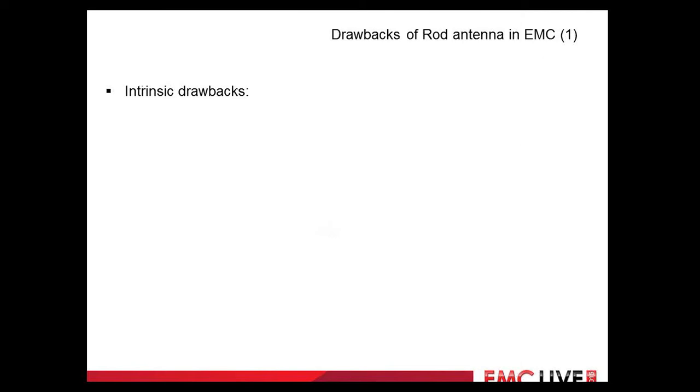Unfortunately, there are drawbacks in using the rod antenna for EMC. So we have intrinsic drawbacks. That is the fact that we are not using very large counterpoises. Then these counterpoises can be grounded or not.